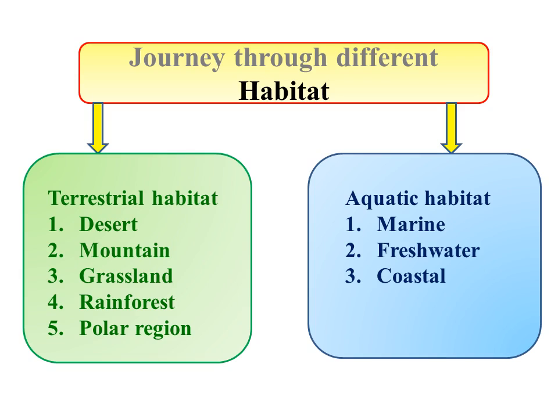And now coming to aquatic habitat. The organisms that live and breed in water are called aquatic organisms, and their habitat is called aquatic habitat, such as whales and fish are aquatic organisms, and river, oceans, lakes, then marine water or freshwater coastal habitats. These are under aquatic habitats.